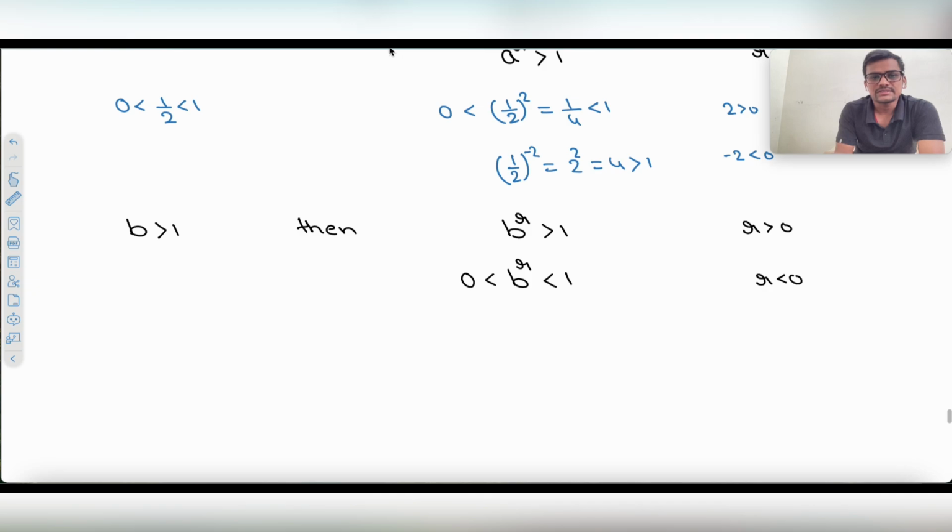I am taking one example, like suppose we have 2 that is greater than 1, then 2 to the power 2 is greater than 1 because 2 is positive, and 2 to the power minus 2, if you see, then this is less than 1 and greater than 0 because minus 2 is negative.